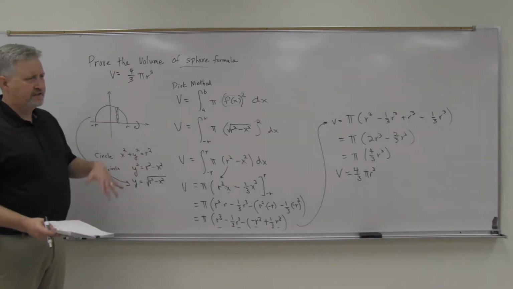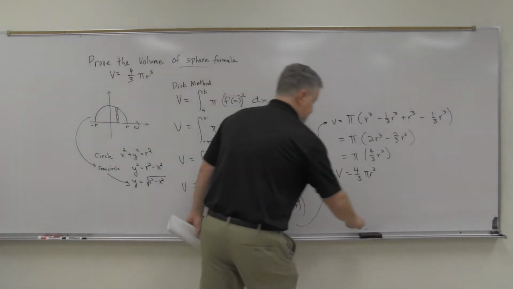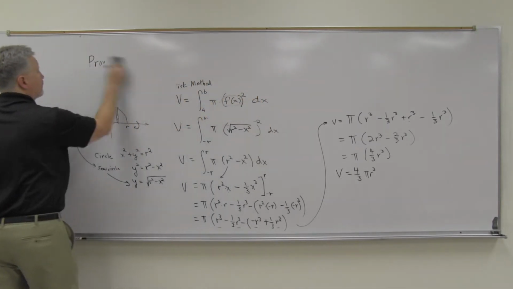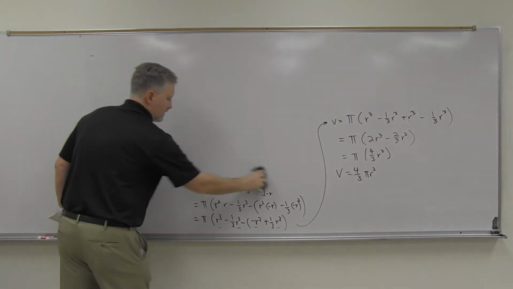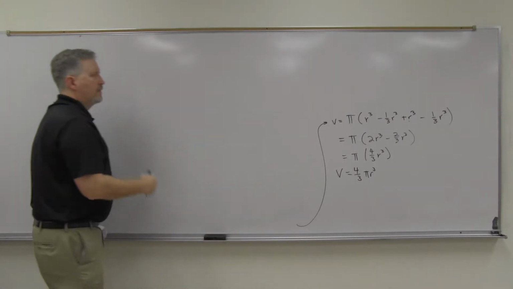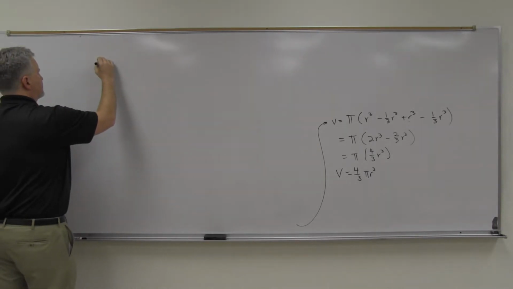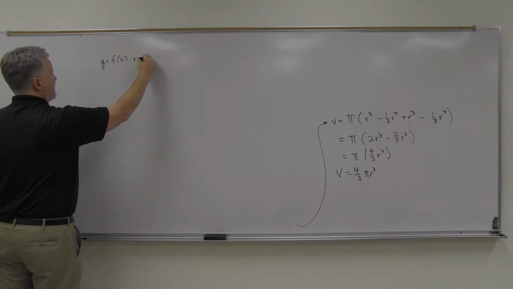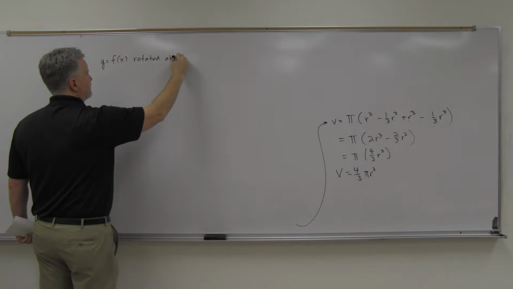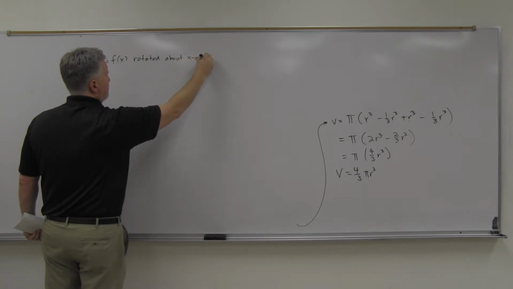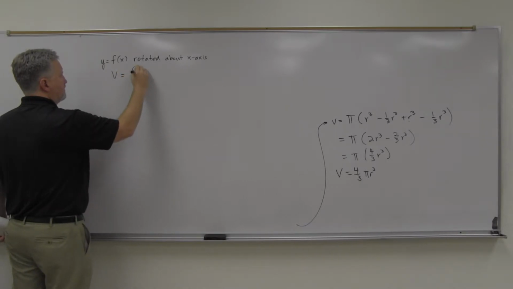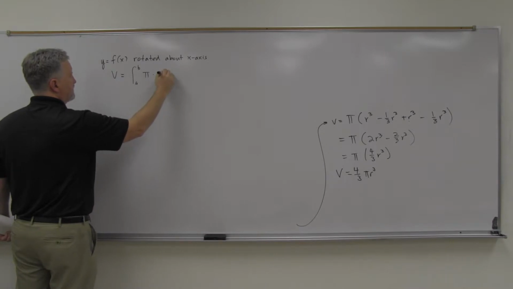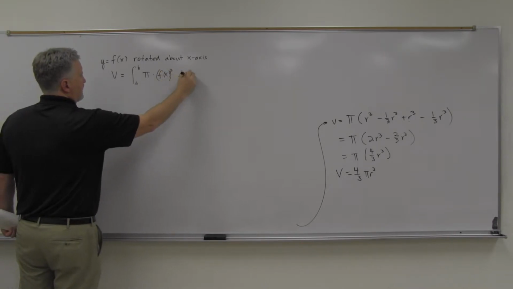The other thing I was going to mention before we get to our other method today is, say we take y equals f of x, from a to b, rotated about the x-axis. The volume is the integral from a to b, we'll just say pi times f of x squared dx.